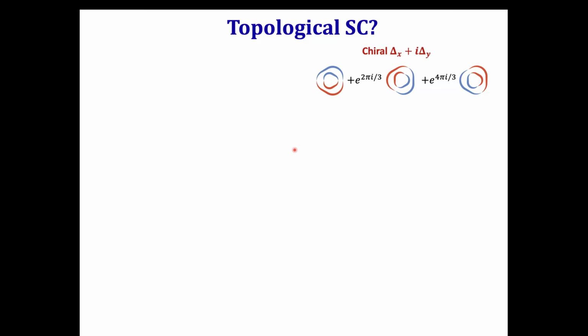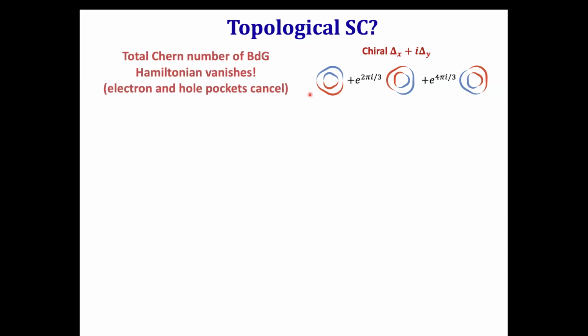It turns out that it isn't. The reason it isn't is the structure of the Fermi surface, it has this hole pocket and an electron pocket in each valley. The Chern numbers from these two pockets actually cancel each other. So the total Chern number of the superconducting state is actually 0.